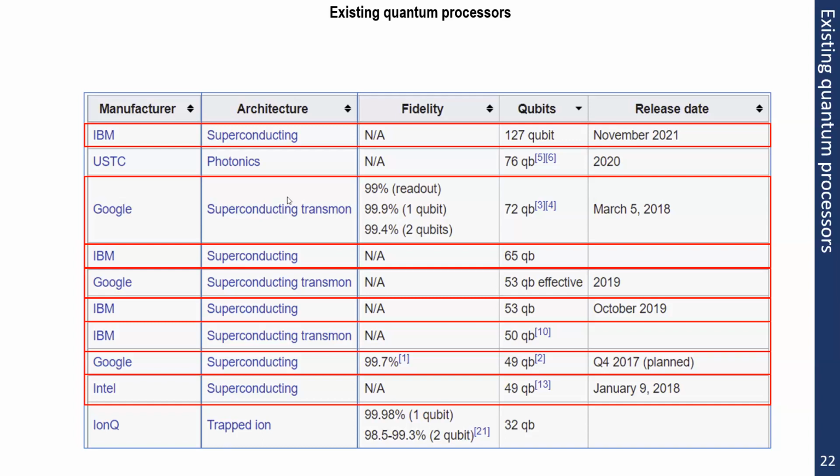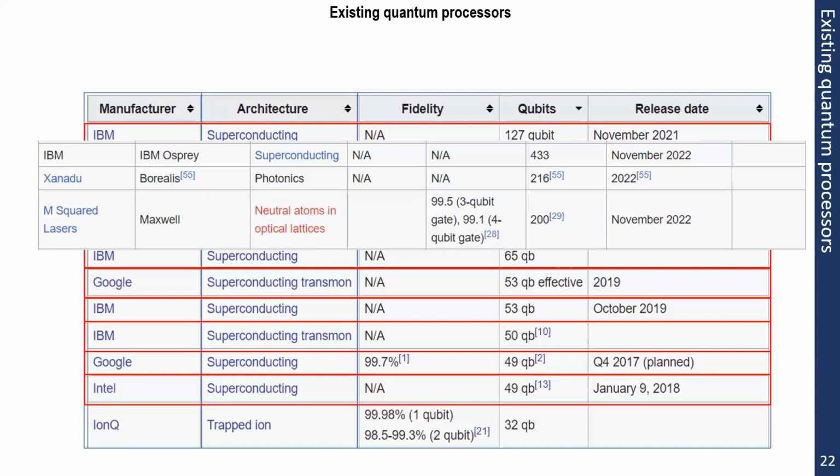And as I said, this one was the state of the art last year. This year it's already updated, and now we have a system with more than 400 qubits, fully entangled machine. So you can notice the growth from 100 up to 400 just over one year.